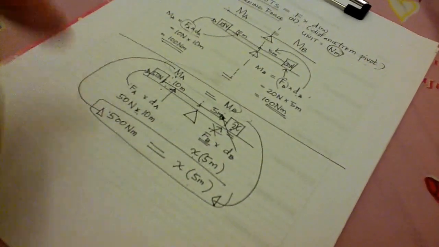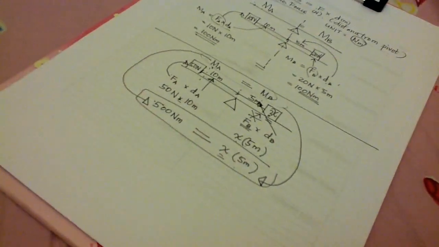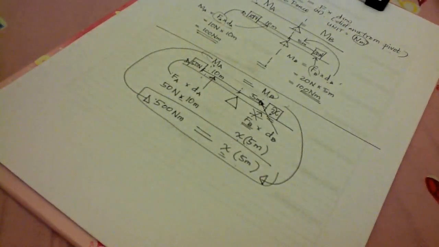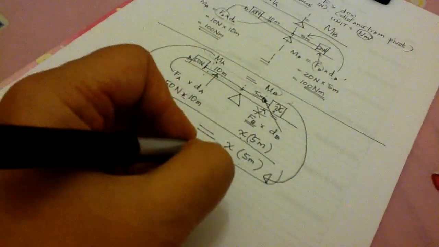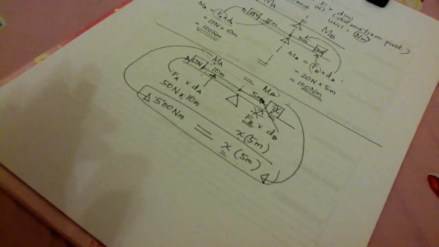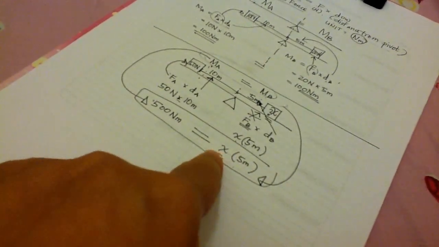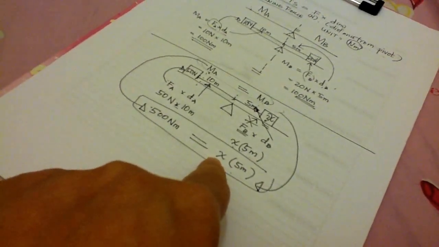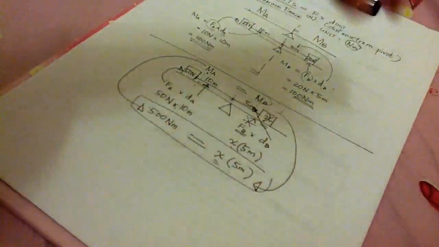And if this is equal, you can easily compute for your unknown force by doing some algebra. If there's an unknown here, you know from your maths, you need to isolate the unknown. So, you need to leave x by itself. Since this is multiplication, what is the opposite of multiplication? We need to divide.